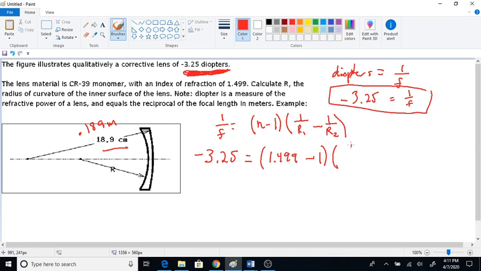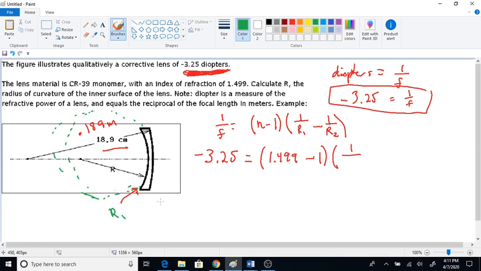Now here's the tricky part. This surface here, if you make a circle out here, we're going to have a radius. This is R1.